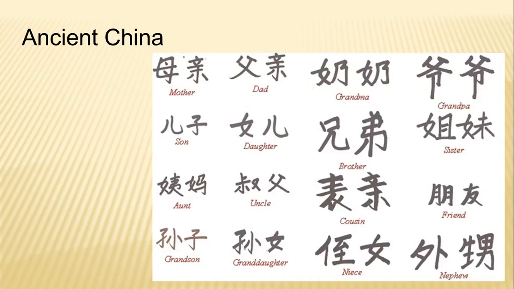This is what ancient Chinese written language looks like, and it is somewhat similar to modern day Chinese. One thing that we can tell from this written language is that in ancient China, they had thousands and thousands of characters in their language. Think about how many letters we have in our alphabet. I don't even know, I might be wrong. What is it, 24, 26?